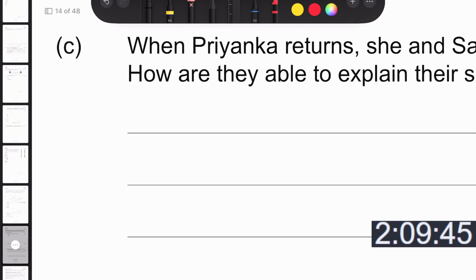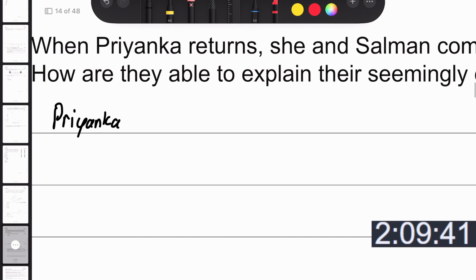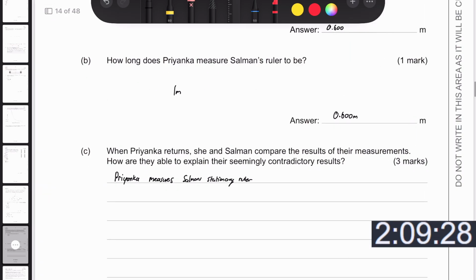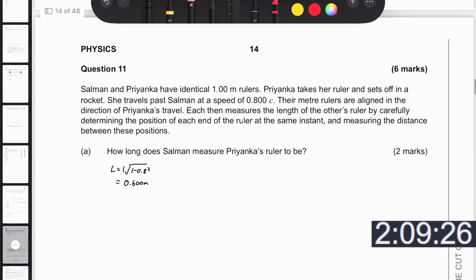So I'll say Priyanka measures Salmon's stationary ruler. No, but Priyanka should see it be 0.6 meters, right?